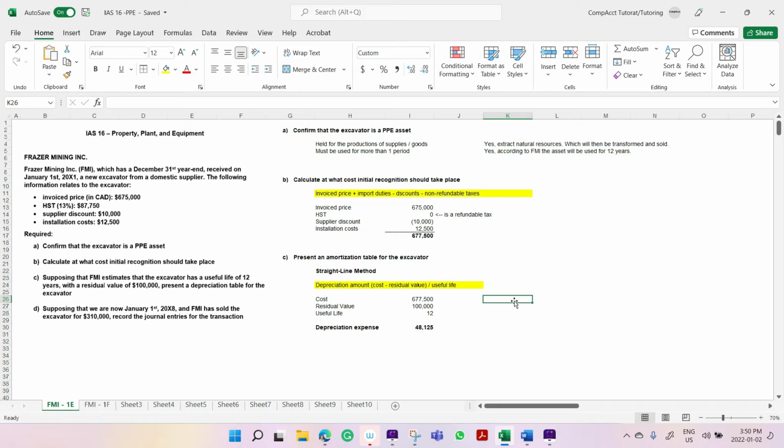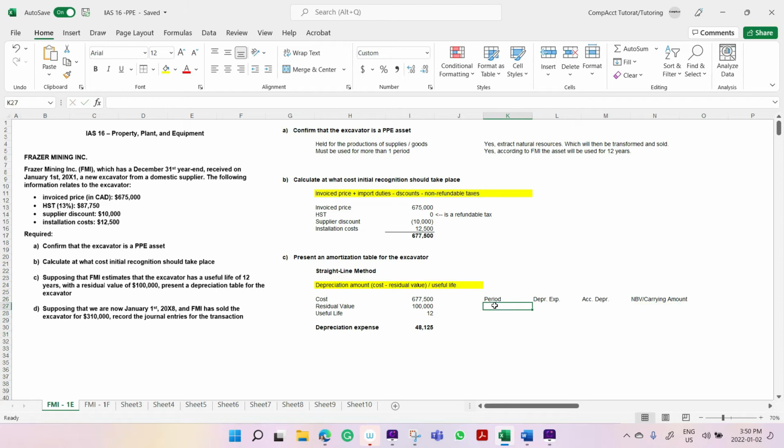Now, especially at the start, I like to do a depreciation table. I just find it creates a really good visual, and in that depreciation table there are really four columns. There's the period, the yearly depreciation expense, the accumulated depreciation, and the net book value, or the carrying amount, depending how you want to phrase it.